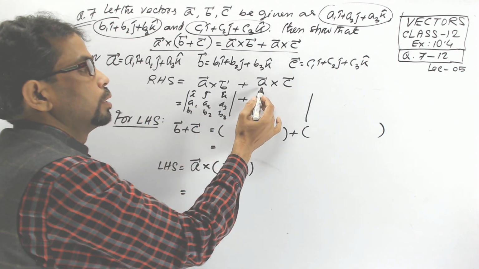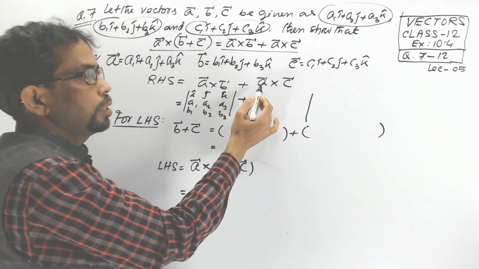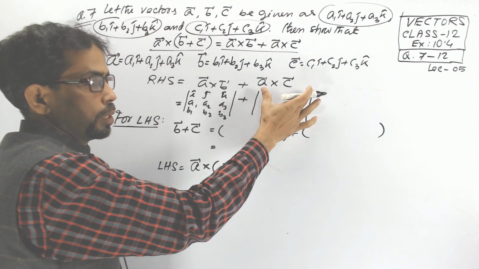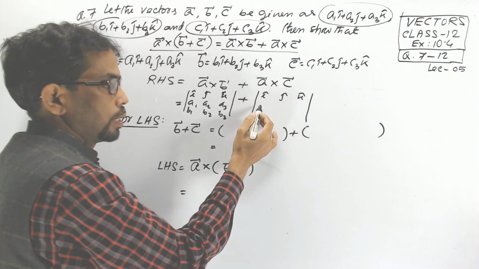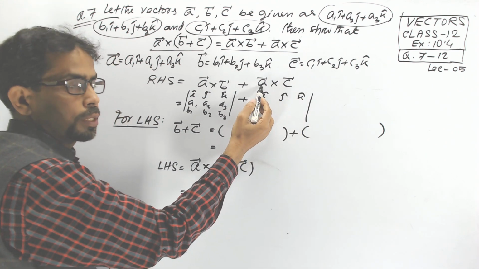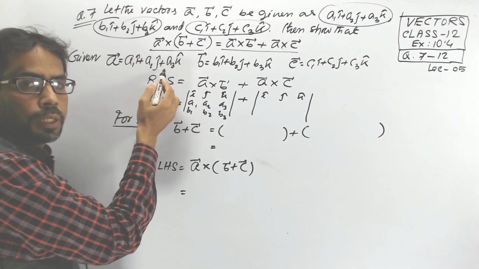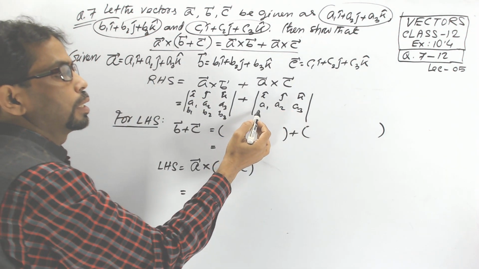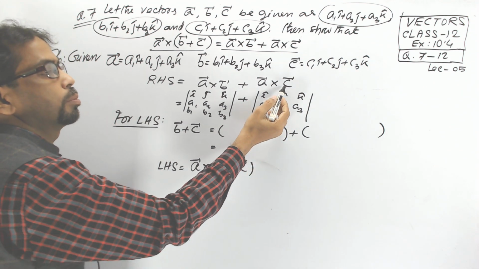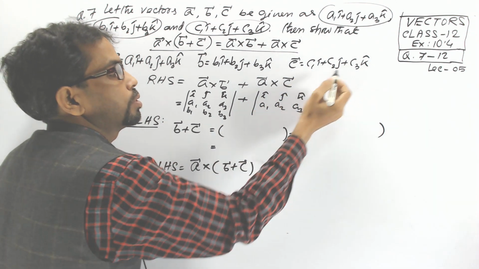In the same way, the second term is A cross C. It is a determinant in which the first row is i, j, k, the second row is made by the coefficients of the first vector A, that is A1, A2, A3, and the third row is made by the coefficients of the second vector C. We have here C1, C2, C3.